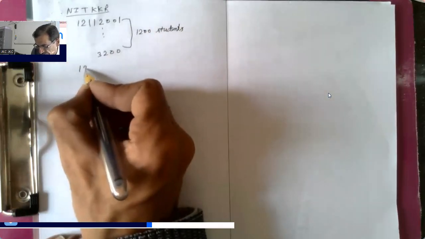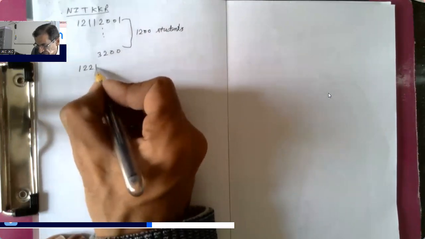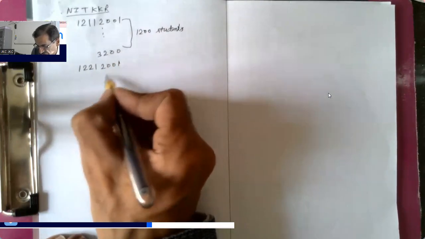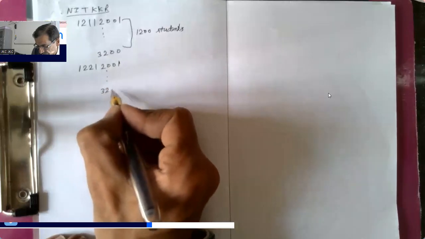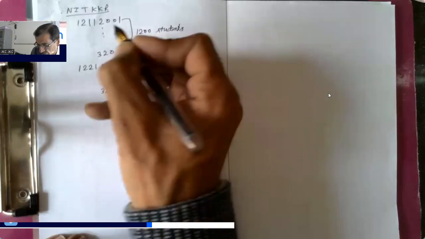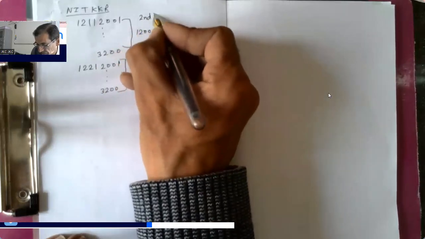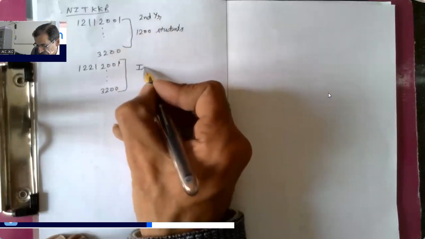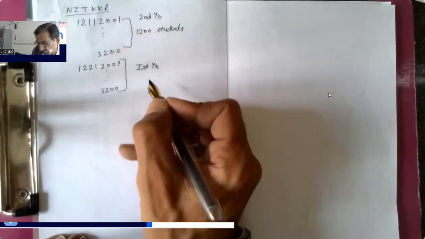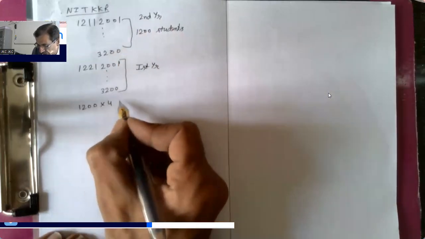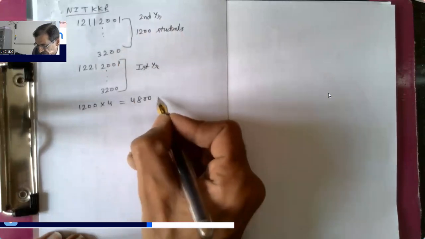Similarly for first year, my roll number series is in this range. So this is your second year. Similarly first year, third year and fourth year. So the institute has approximately 1200 into 4, 4800 students.